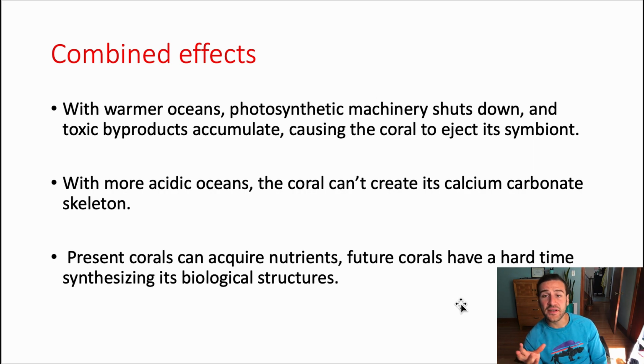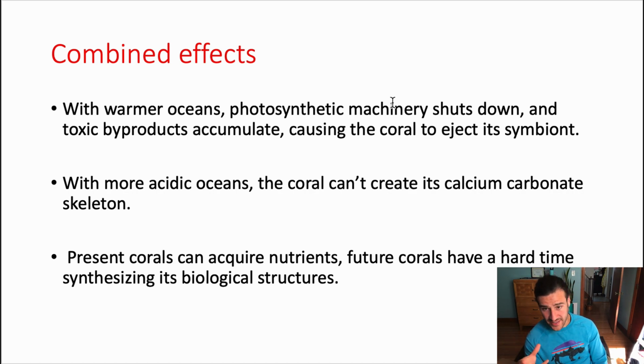And the combined effects of what we learned about have to do with the warm oceans and the acidity of these oceans. With a warmer ocean, the photosynthetic machinery shuts down within these corals. A toxic byproduct accumulates, and it causes coral to eject these algal symbiotes.